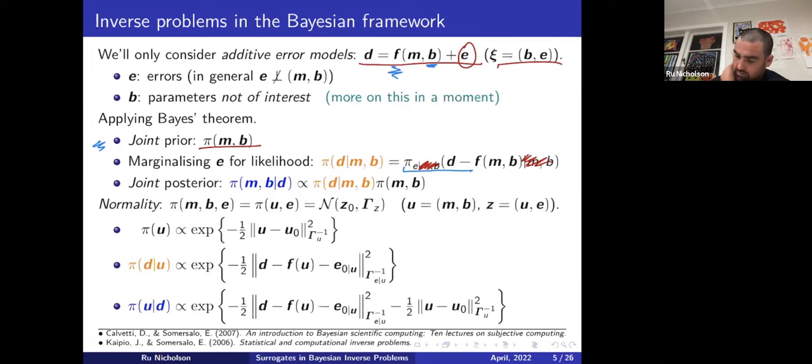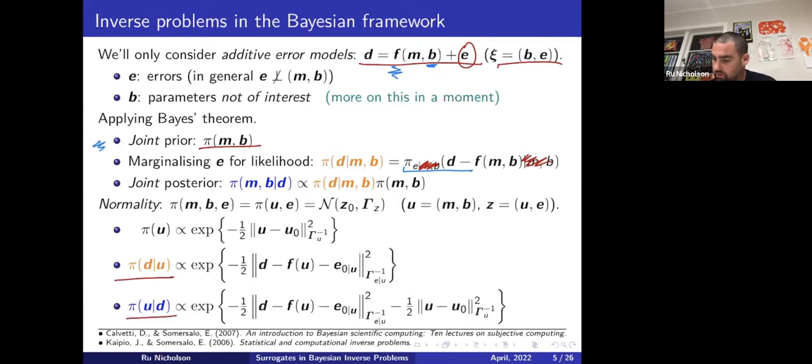And I've just made a bit of a substitution in here, just saying that U is the set of all the parameters, and Z is the set of all the unknowns, so the parameters and the noise. In such a case, the key things here are that the likelihood is going to be of this form, and the posterior is going to be of this form.